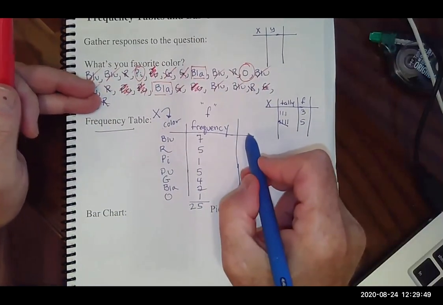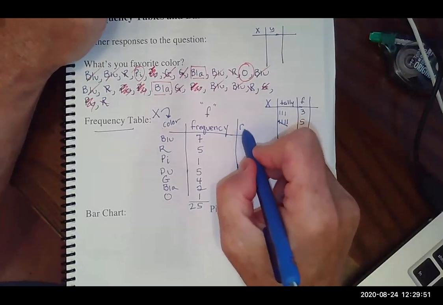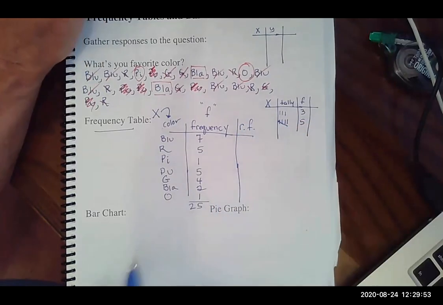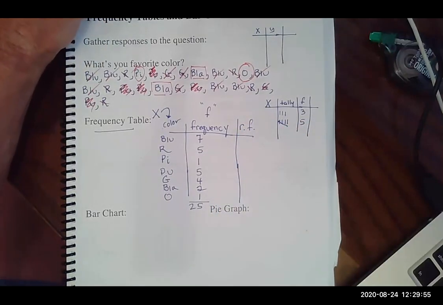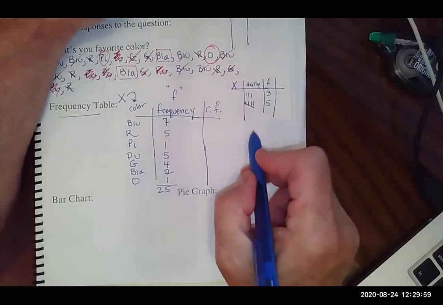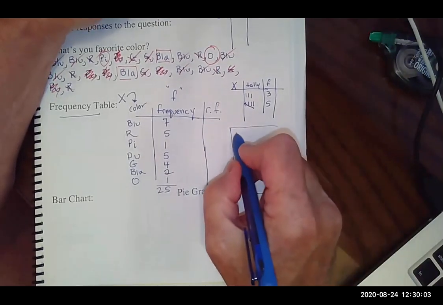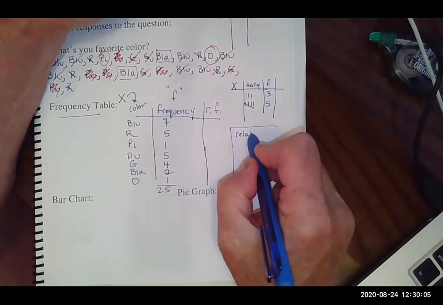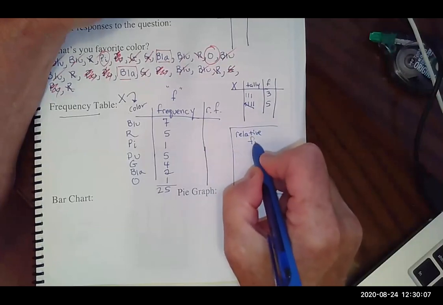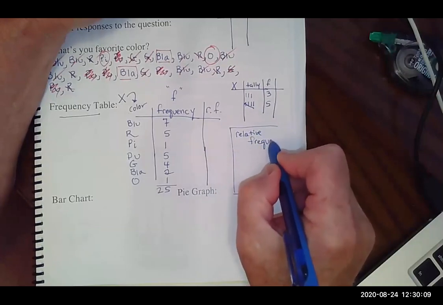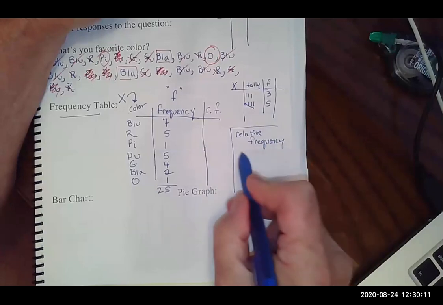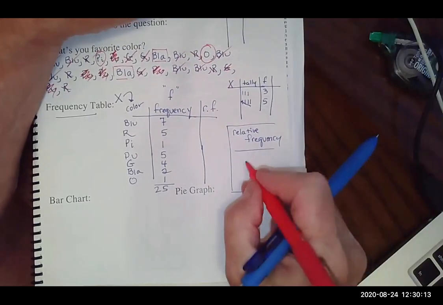The other column over here is usually reserved for relative frequency. RF, R stands for relative, F stands for frequency. Think of relative frequency sometimes as like probability.